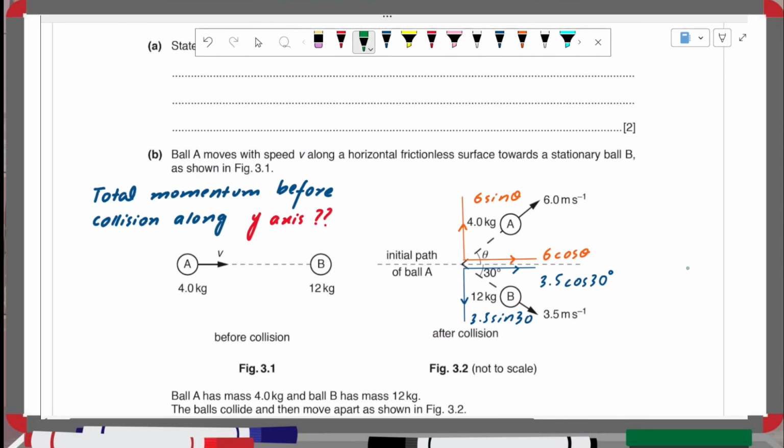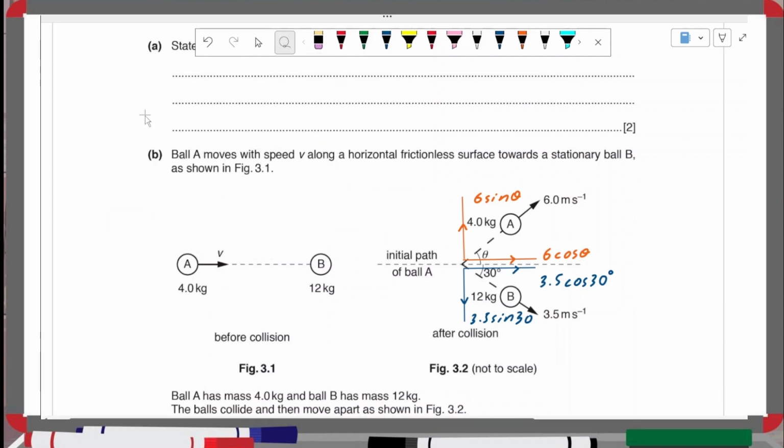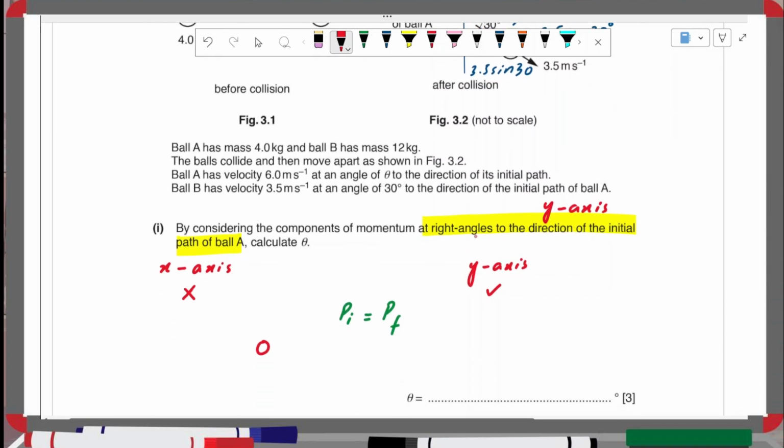Now let us find the total momentum after collision along the y-axis. Once again we have to use only the y-axis, because it is not directly given in the question, but the statement means you need to use y-axis motion only, because we have to stay at right angle to the initial direction.